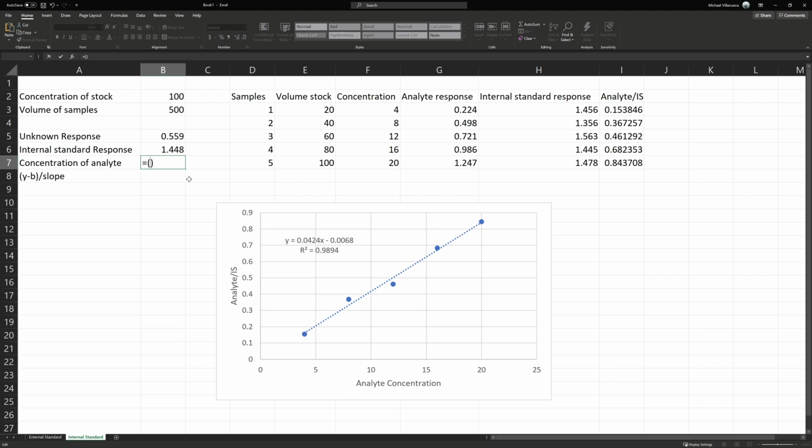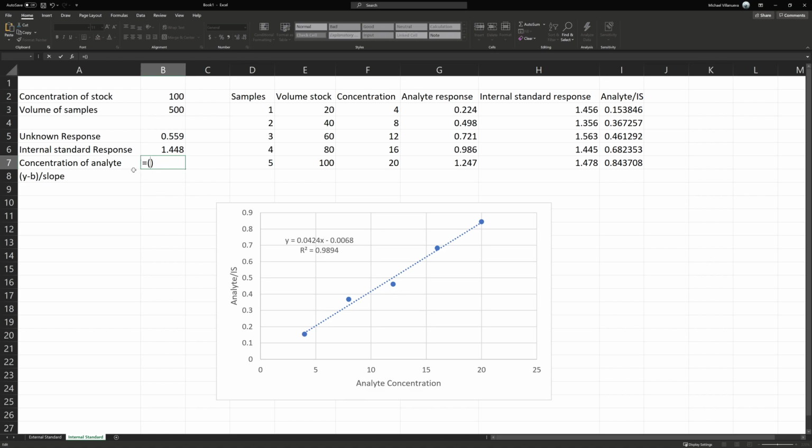Just a note, Excel doesn't like it when you use the arrow keys when you're typing inside of the cell, and it's something that I do a lot, and I need to make myself memorize not to do it. When you're typing your formula up here in the formula bar, you could use the arrow keys, but in the cell box, when you use the arrow keys, Excel thinks you want to jump to another cell. So no arrow keys inside the box if you don't want it to yell at you.